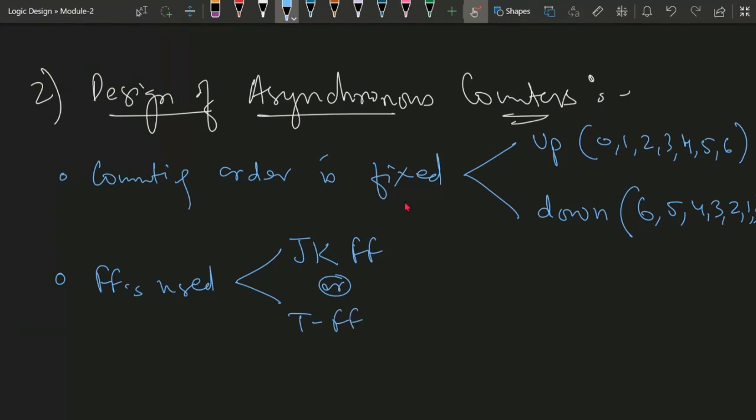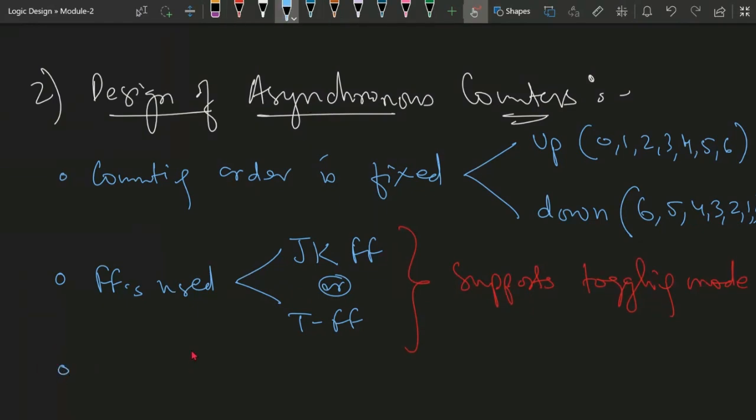This is because in asynchronous type of counters, the toggling mode of flip-flops is required, and these two flip-flops support toggling mode. That's why only these two flip-flops can be used in asynchronous type of counters.